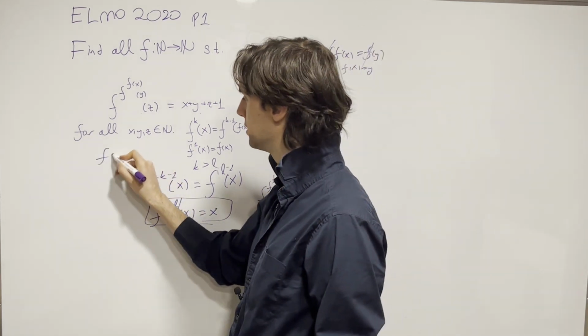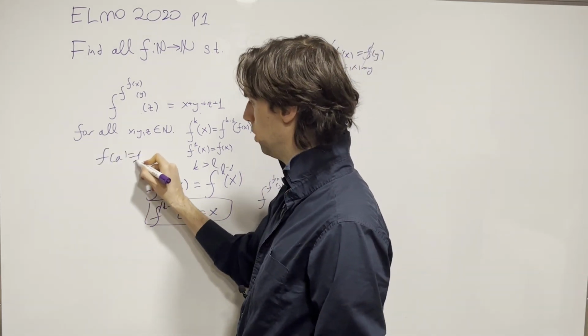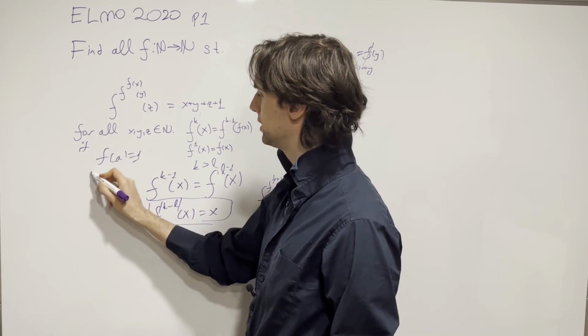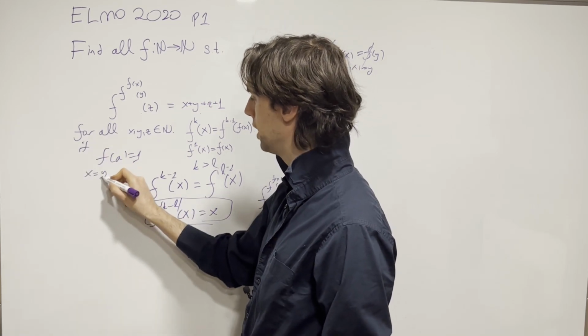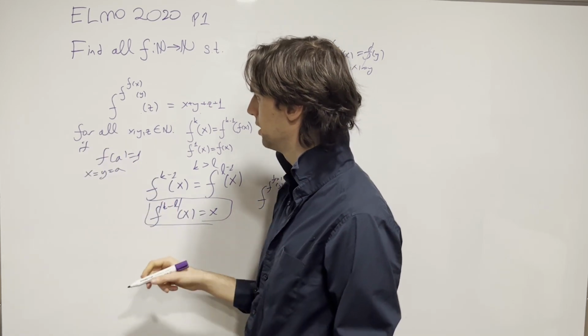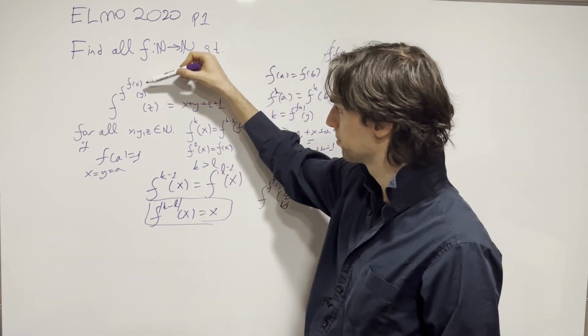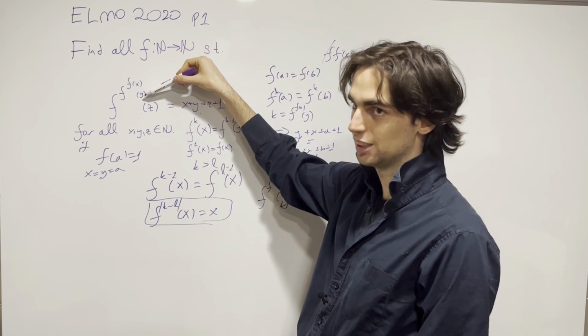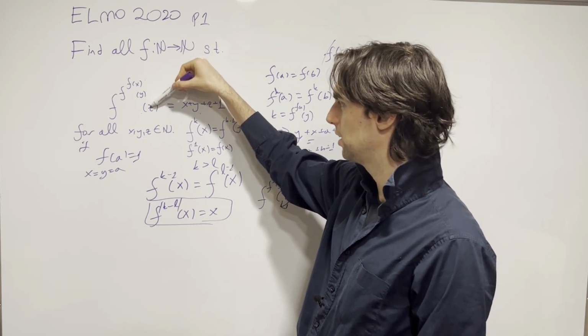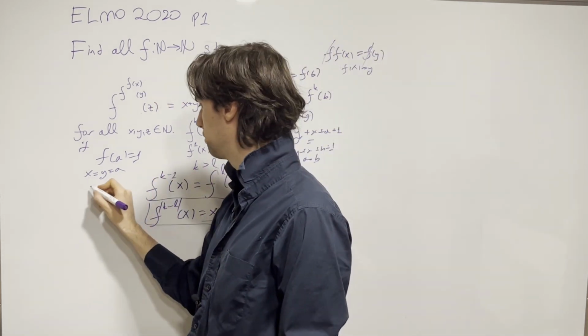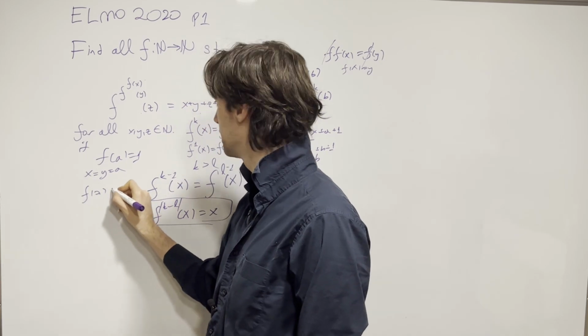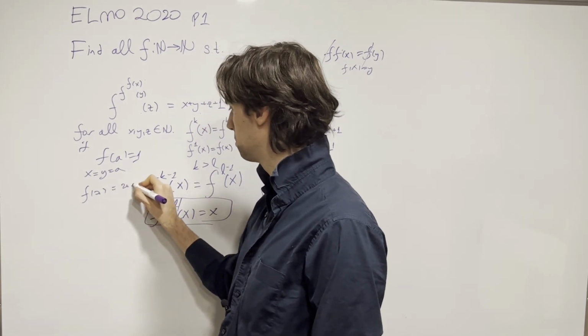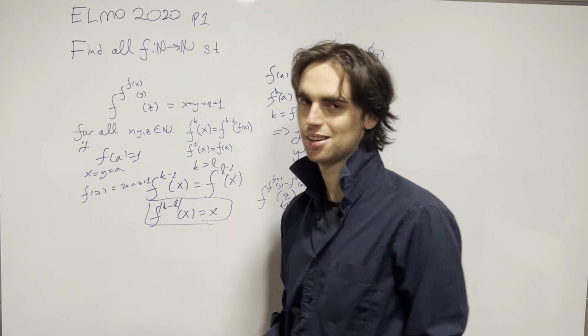So if f(a) was equal to 1 for some a, then if I said x equals y equals a, what would I get? I would get 1. So it's f(a) applied once, that's 1 again. And I could have set z to be equal to f. I'd have f(z) is equal to 2a + z + 1 for every z.